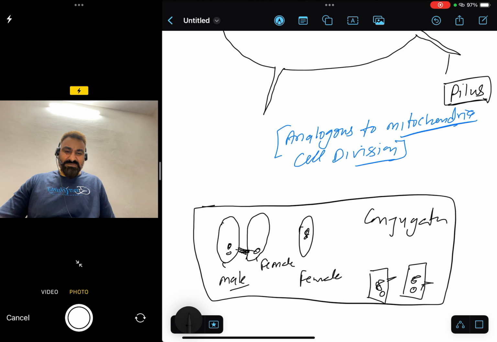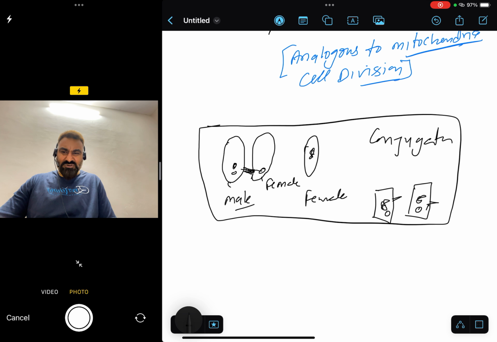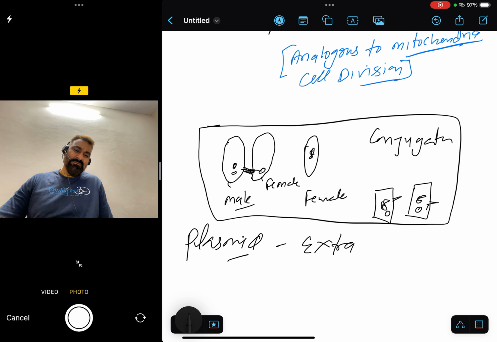And what is the plasmid? Plasmid is the extra chromosomal DNA. Extra chromosomal DNA means another copy of a DNA which is present in bacteria.